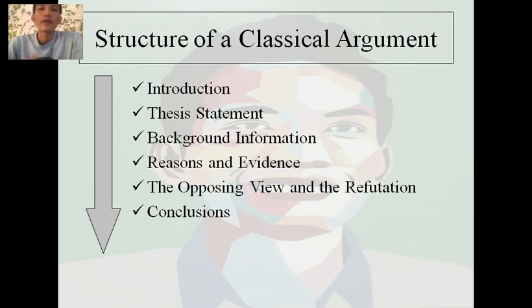And for the opposing view and the refutation, you have to give some expert or a good example to support your information or your reason and evidence. The conclusion is what you have to inform to make the listener believe in you.